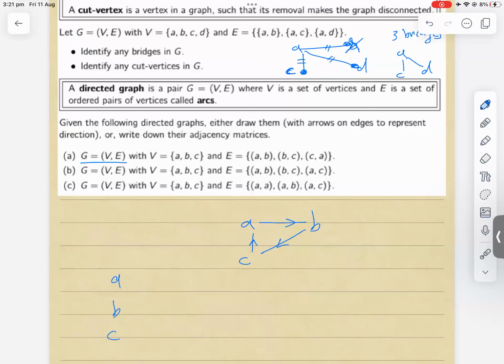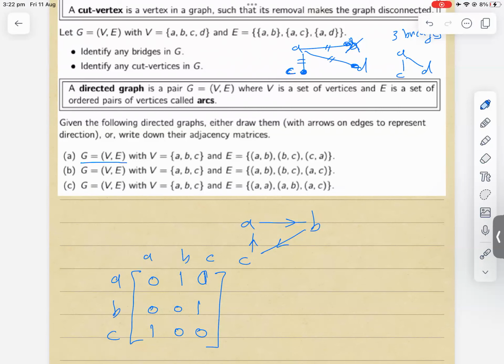A, B, C, A, B, C. A to A, 0, A to B, 1, A to C, 0, B to B, 0, B to C, 1, C to A, 1. This one is 0, 0.